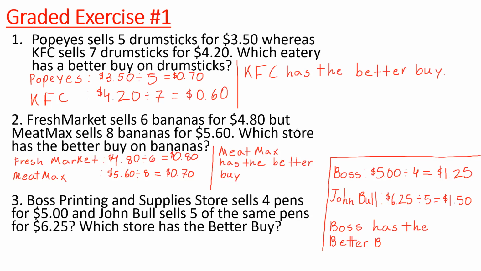If you do $5 and divide that by 4, you get $1.25. If you do $6.25 and divide that by 5, John Bull sells 5 pens, it's still $1.25. Where's Mila?